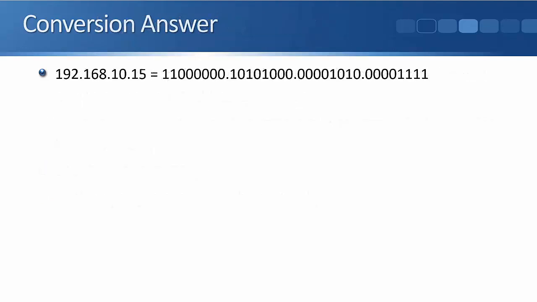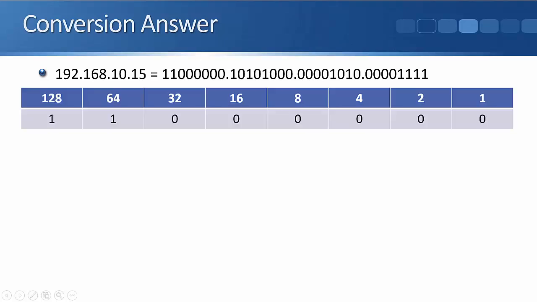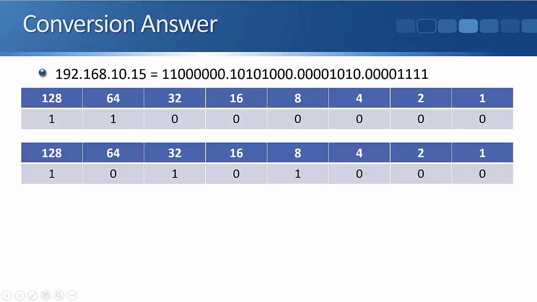Okay, so hopefully this is the answer that you got. 192.168.10.15. So the first octet was 11000000. 128 plus 64 equals 192. The next octet of 168 was 10101000. 128 plus 32 plus 8 equals 168.